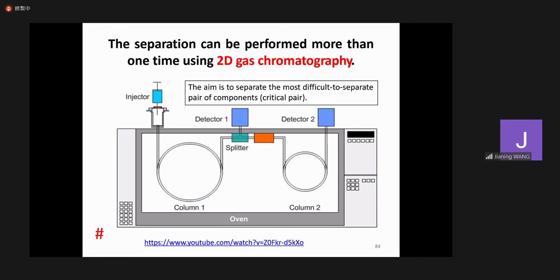We can think of the MS, when you couple GC to MS, this part is replaced by MS, and for MS, it can still provide secondary separation. But for 2D GC, we couple two columns, and for the separation power and separation sensitivity, generally we choose orthogonal properties.